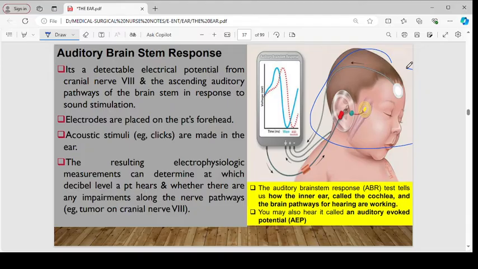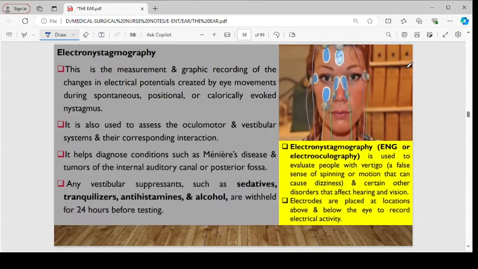The resulting electrophysiological measurements can determine at which decibel level a patient hears or whether there are any impairments along the nerve pathways, like a tumor on cranial nerve 8, the vestibulocochlear nerve. So this auditory brainstem response normally tells us how the inner ear, that is the cochlea, and the brain pathways are working. You may also hear it called auditory evoked potential, AEP.